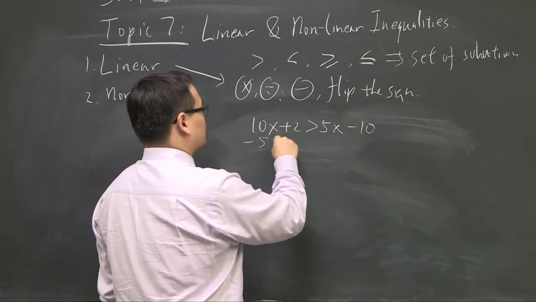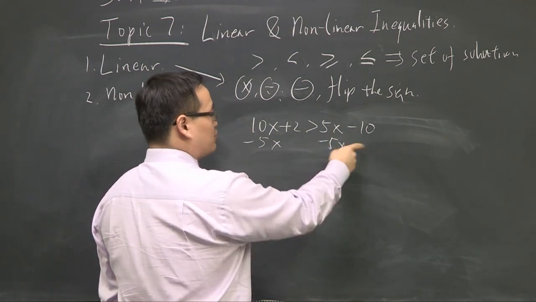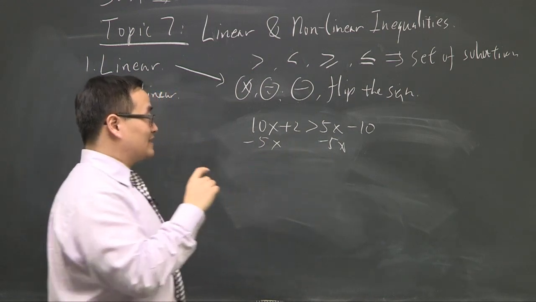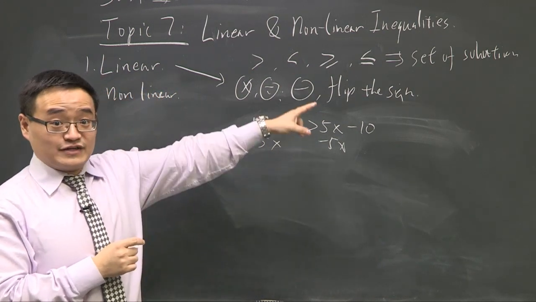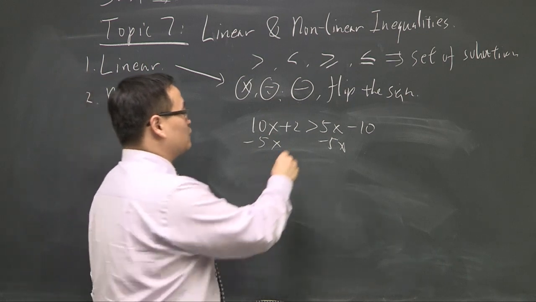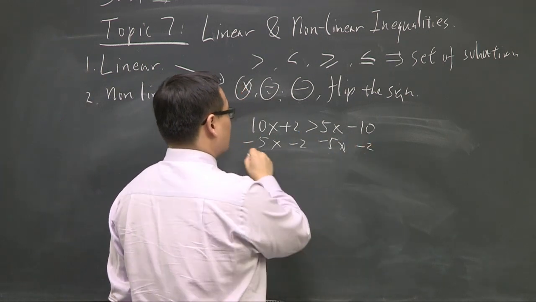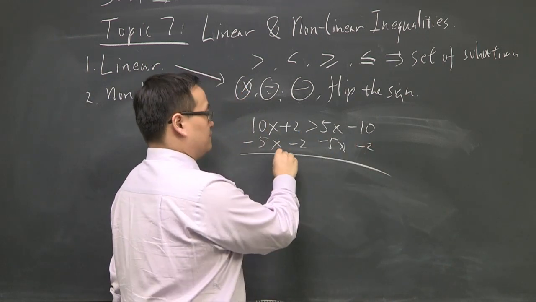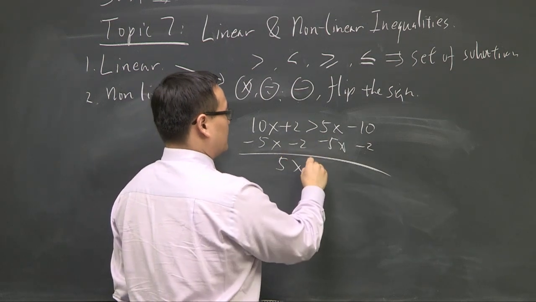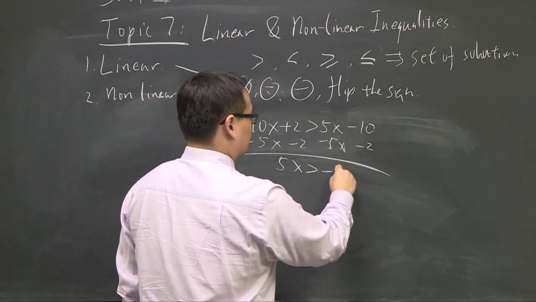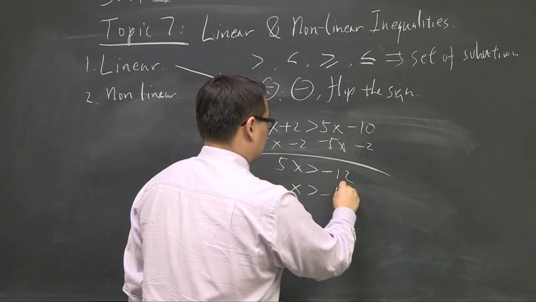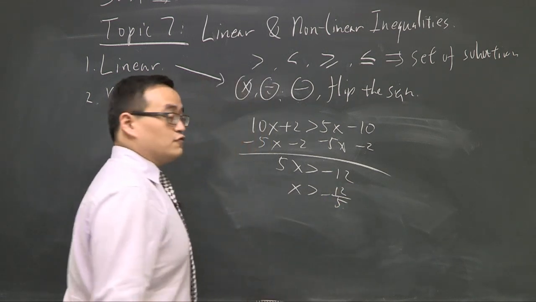Minus 5x. Put all the terms with the unknowns on one side, and all the known numbers on the other side. So then you'll subtract 2 from both sides. I like to do everything at the same time, which gives you 5x is greater than negative 12. So x is greater than negative 12 over 5.